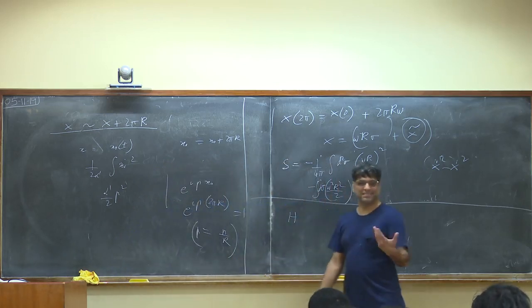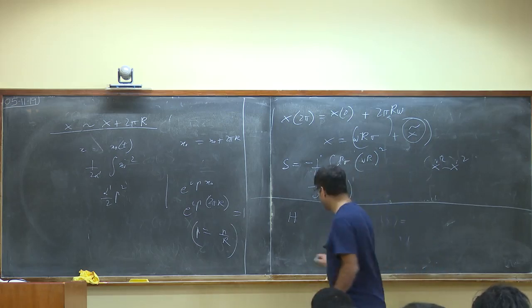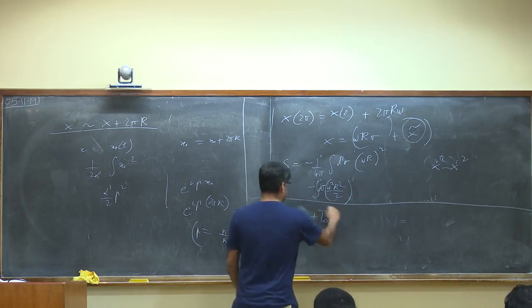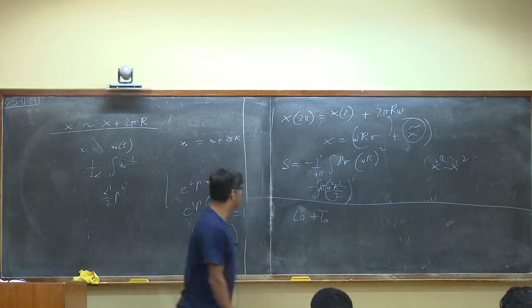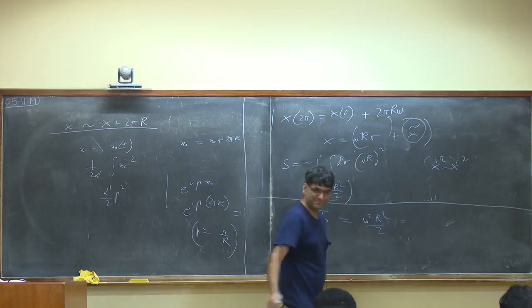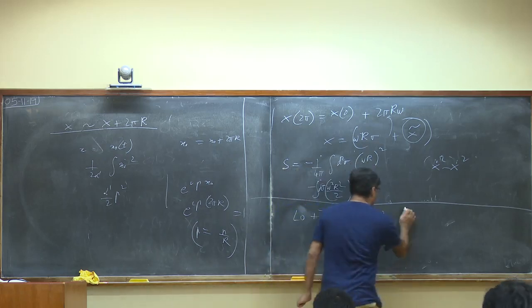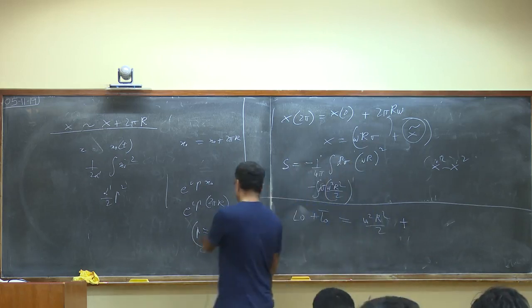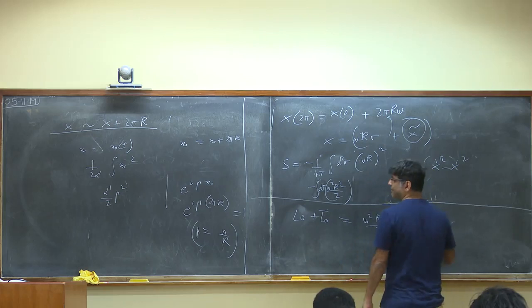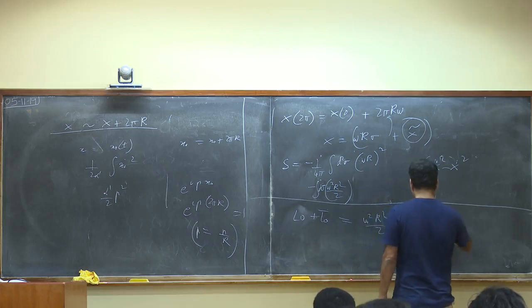Okay? So basically, the only difference between having this compactified direction and not is that the energy, which is L0 plus L0 bar, what does it become? It becomes w squared r squared by 2 plus alpha prime by 2 n squared by r squared.